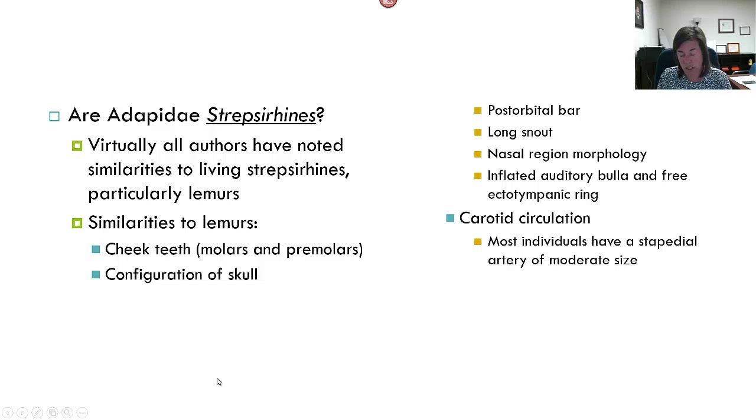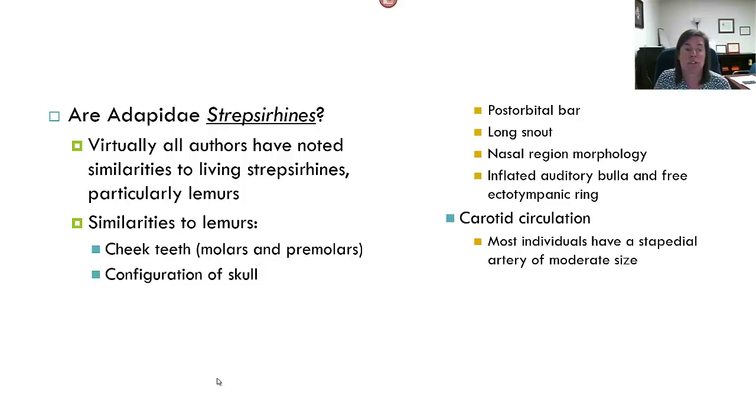A big question that results from a lot of this, our knowledge of Adapid morphology and behavior, is some people have wondered, are these Adapidae actually Strepsirhines?